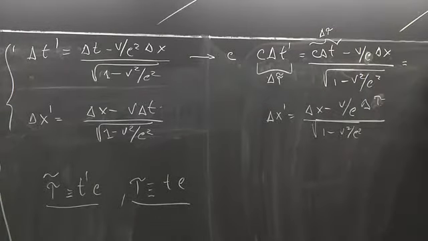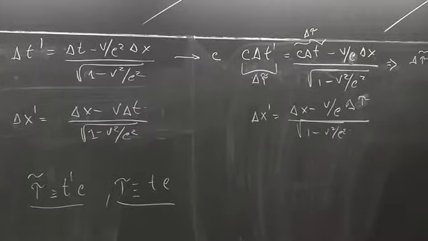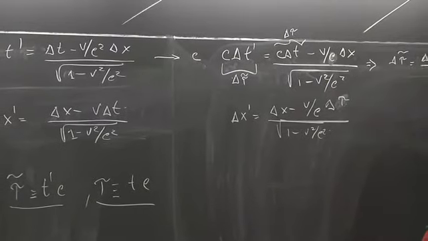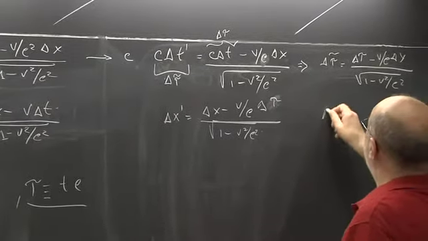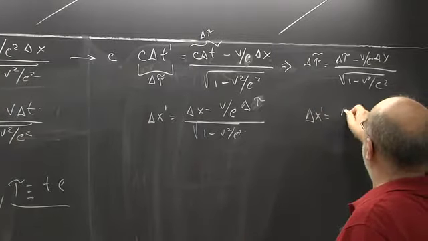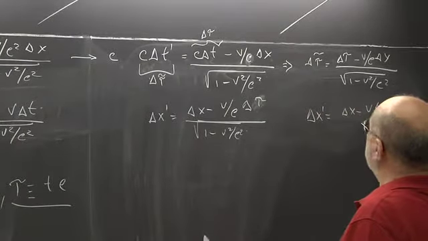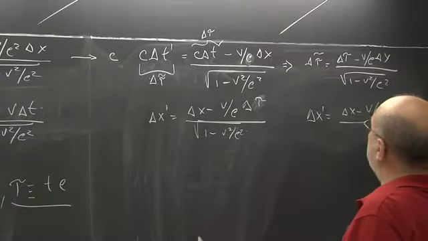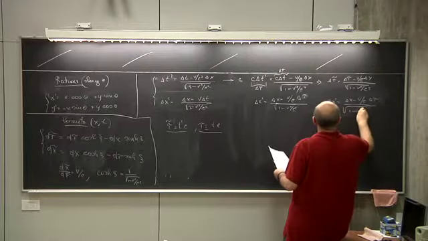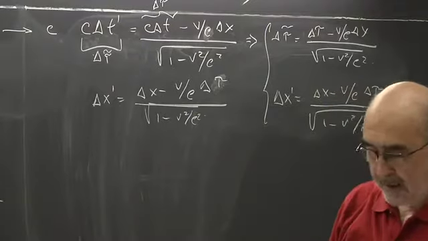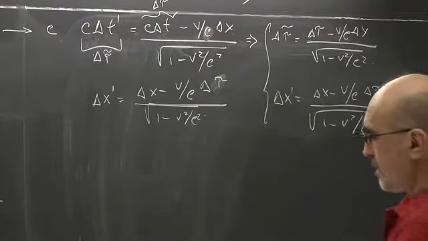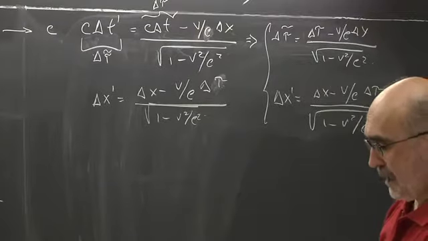So delta tau tilde is equal to delta tau minus v over c delta x over square root of 1 minus v square over c square, and delta x prime is equal to delta x minus v c delta tau over square root of 1 minus v square over c square. So this is the relation in a form that is similar to this one.